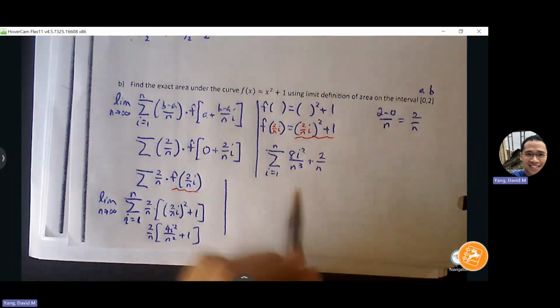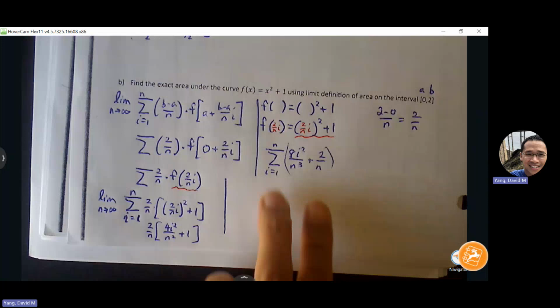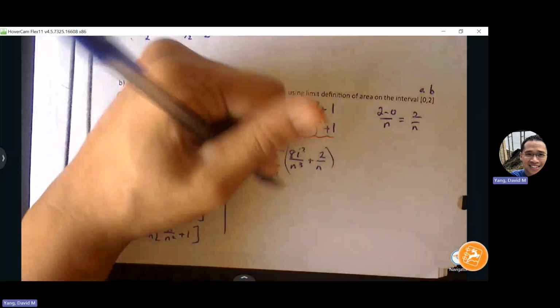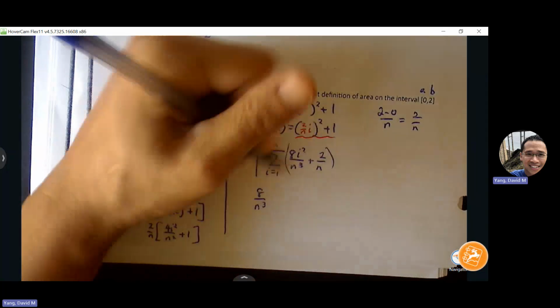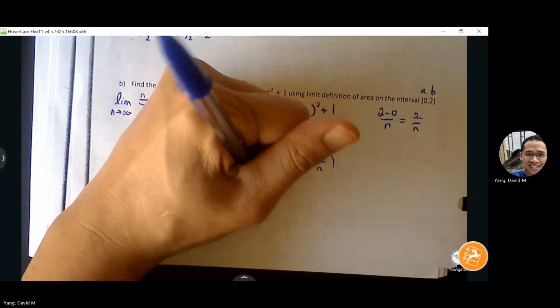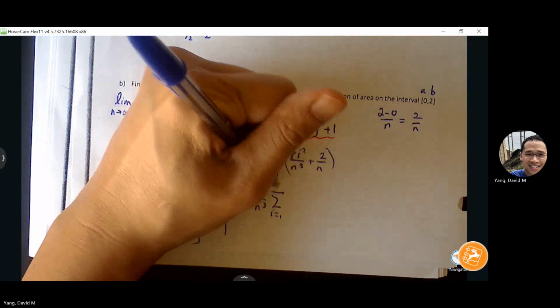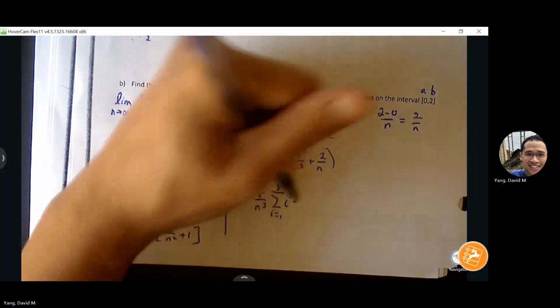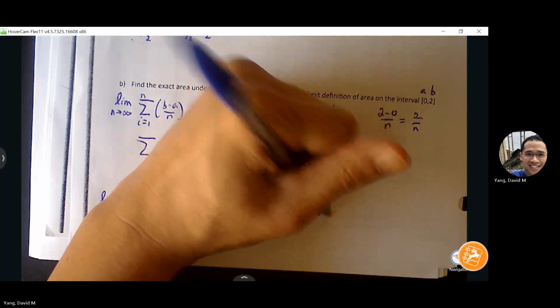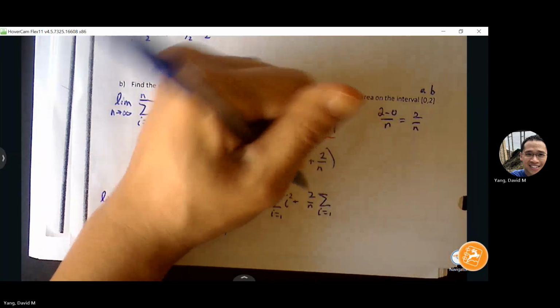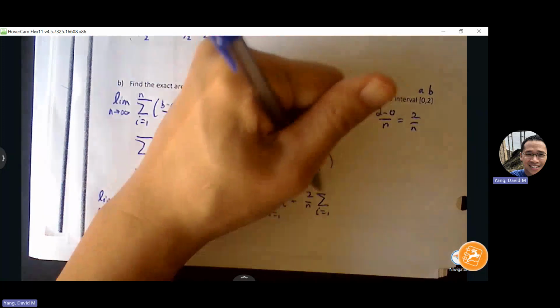I'm going to separate these into its own summation so I can clearly see what rule is in play. I'm going to push the parts that I don't have to change. I just have to worry about my i squared. Sorry, n, not.